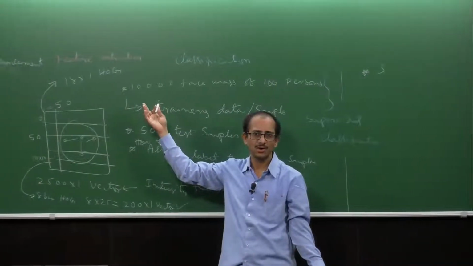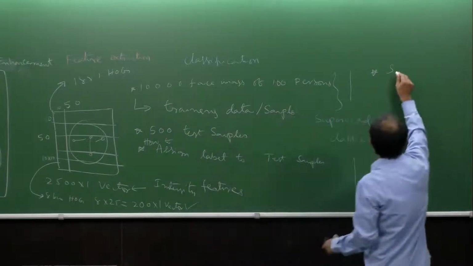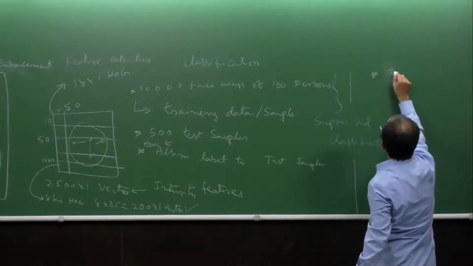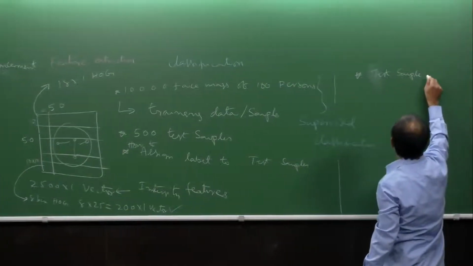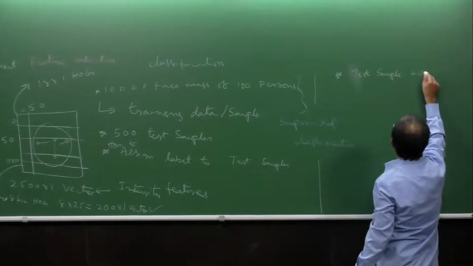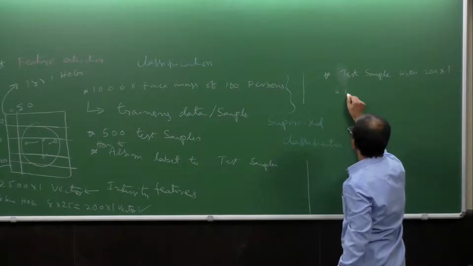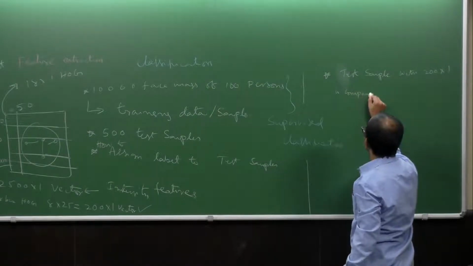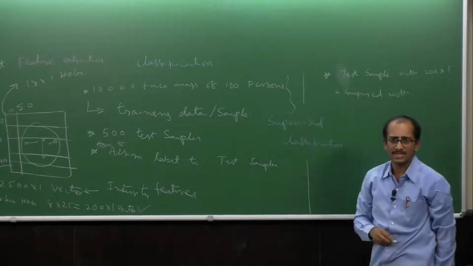So the test sample with a 200 cross 1 feature vector is compared with all 10,000 samples.